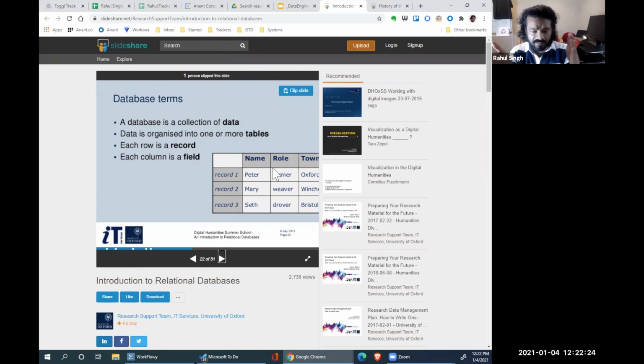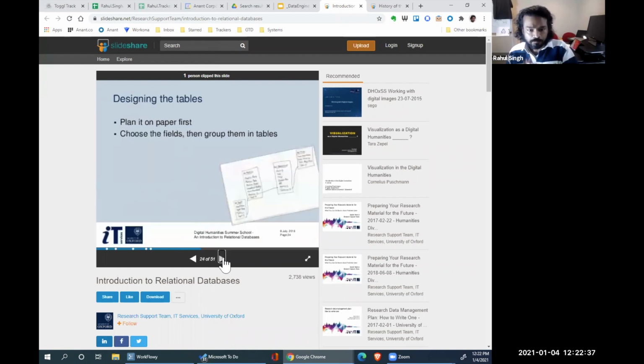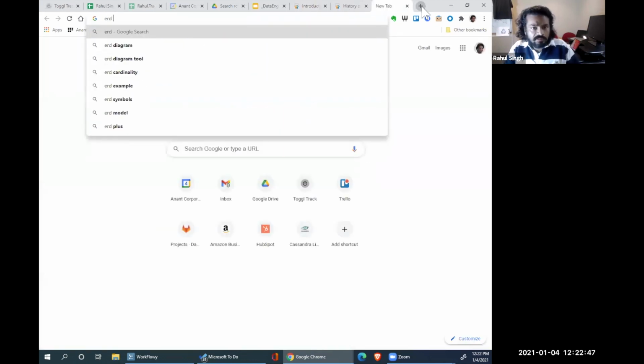People name them different things, but each of the fields also has a type. For example, one thing could be text, one thing could be a number. Normally, when we design a database, we draw it out on paper or a whiteboard. I'll quickly show you an ERD diagram.